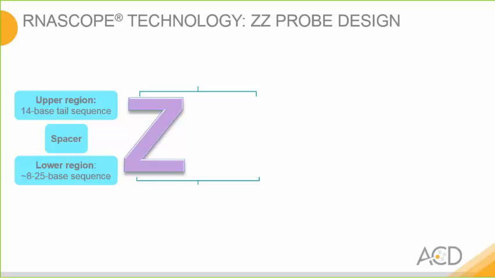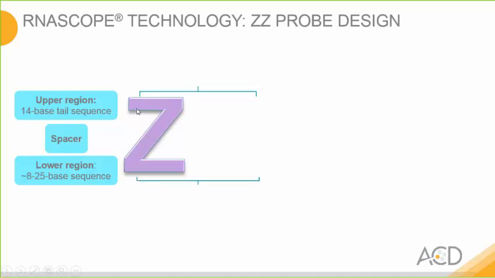The key aspect of the technology is really its unique probe design called the double Z probe design. RNAscope probes are short, oligo-based. Each oligo, each Z, contains 3 elements. The lower region of the Z is an 18 to 25 base pair sequence that's complementary to the target RNA sequence.